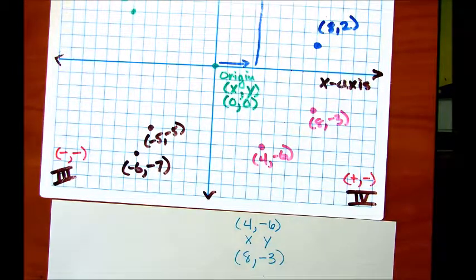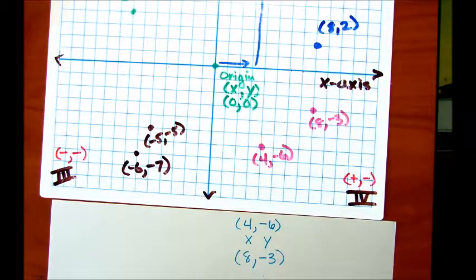So that's pretty much, you know, how to plot the points, and also hopefully you get an idea of the type of coordinate points that you're going to have within each quadrant.